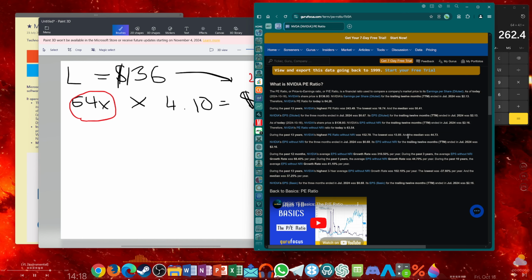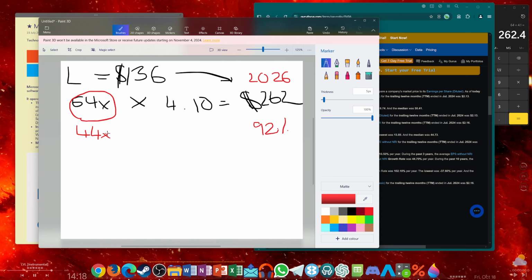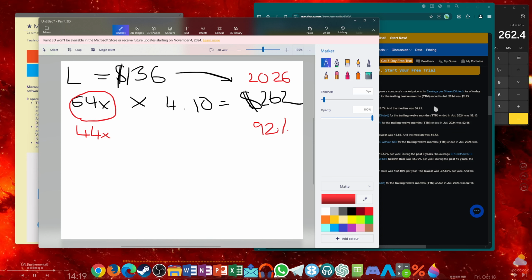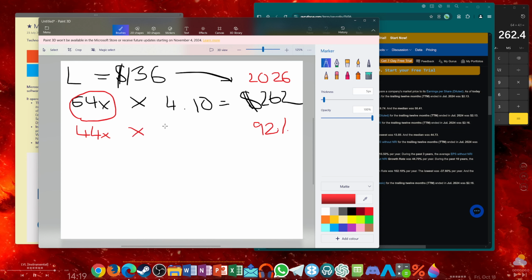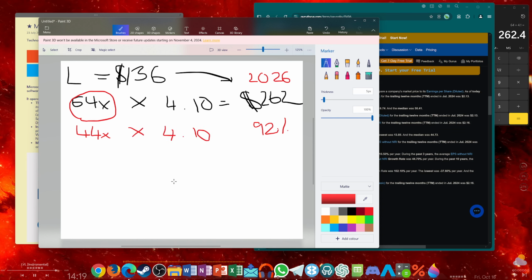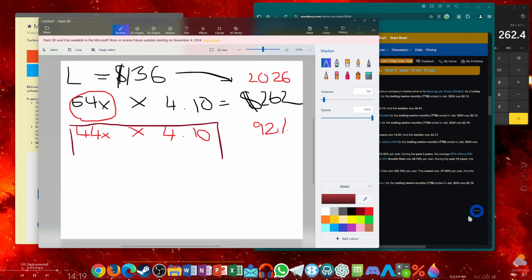So their average PE ratio is 44. If we take their average PE, because it actually has traded as low as 44, I think, at one point, I'd have to check probably on macro trends, but if we do that times 4.10, we can get a different result. Let's just put that down.